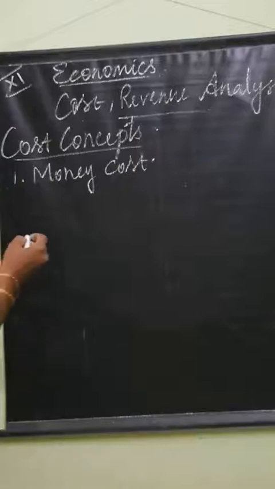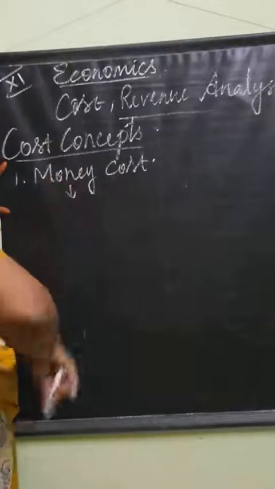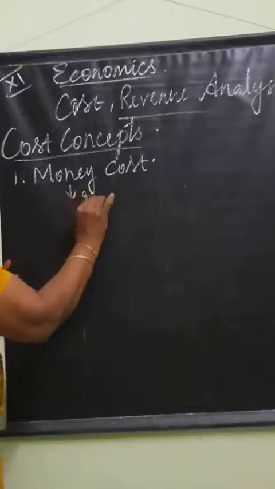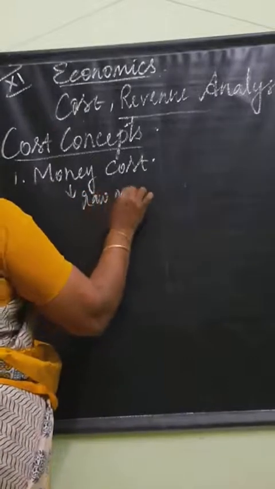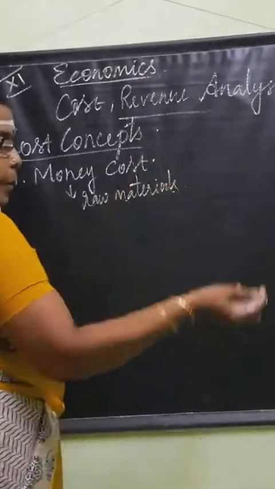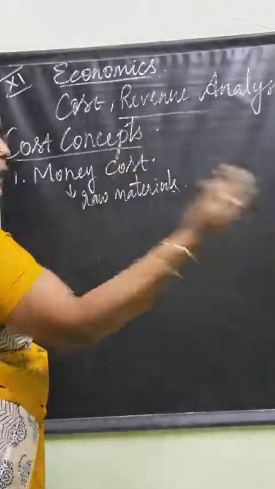So in what are the areas you use money? While you buy raw materials, isn't it? We have to pay money. While you are getting raw materials, you have to give out from your pocket, isn't it? While you pay the money, you will get the raw material.